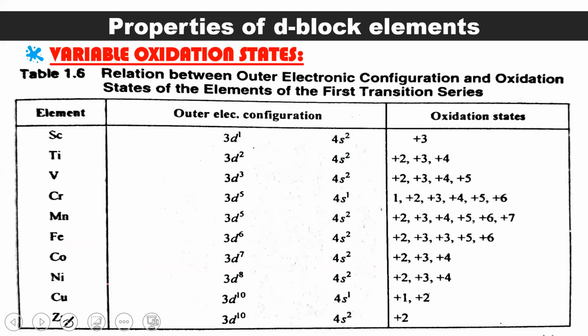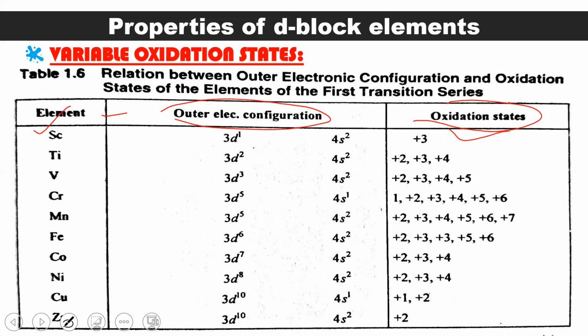So here is the 3d series. These are the elements present in the 3d series, scandium to zinc, and these are their outermost electron configurations and the possible oxidation states for the 3d series.